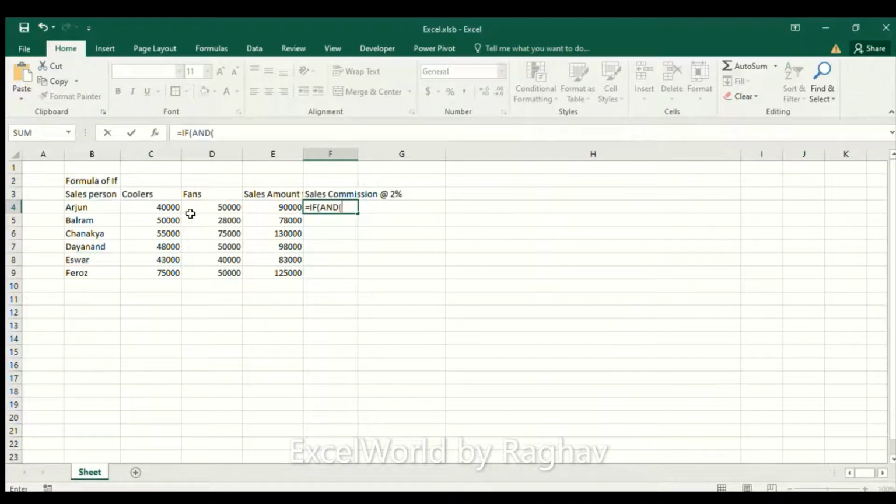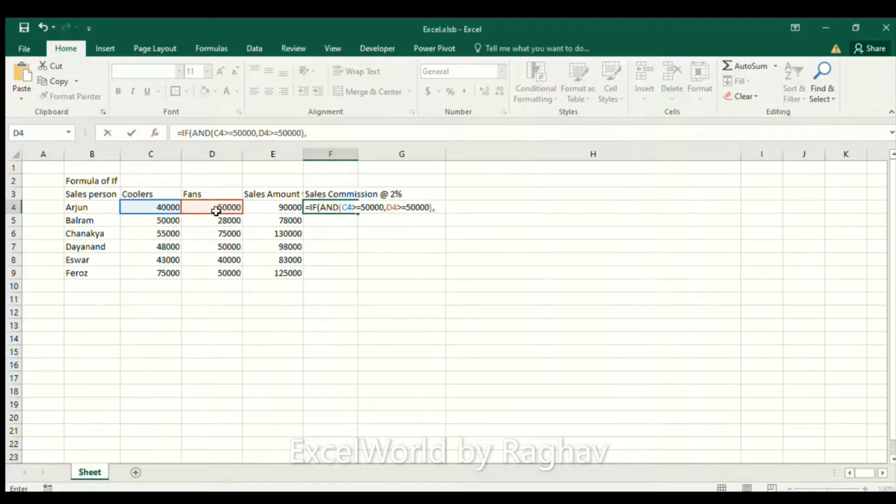Now select the first one. As said, the cells should be 50,000 or greater to achieve the commission, comma, greater than or equal to 50,000 and close the bracket.